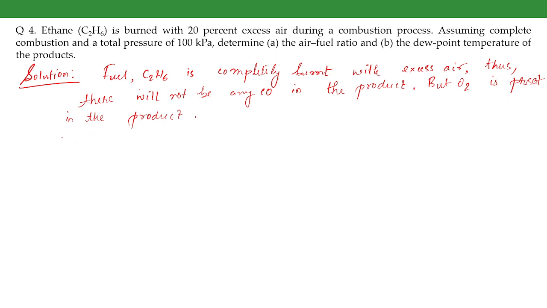So let us write the combustion reaction. C2H6 plus 1.2 A oxygen plus 3.76 nitrogen gives twice CO2 plus 3H2O plus 0.2 A oxygen.